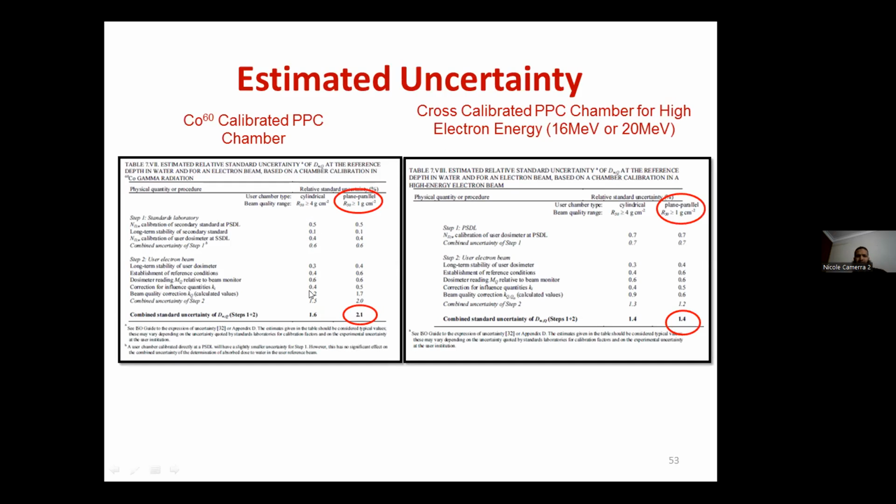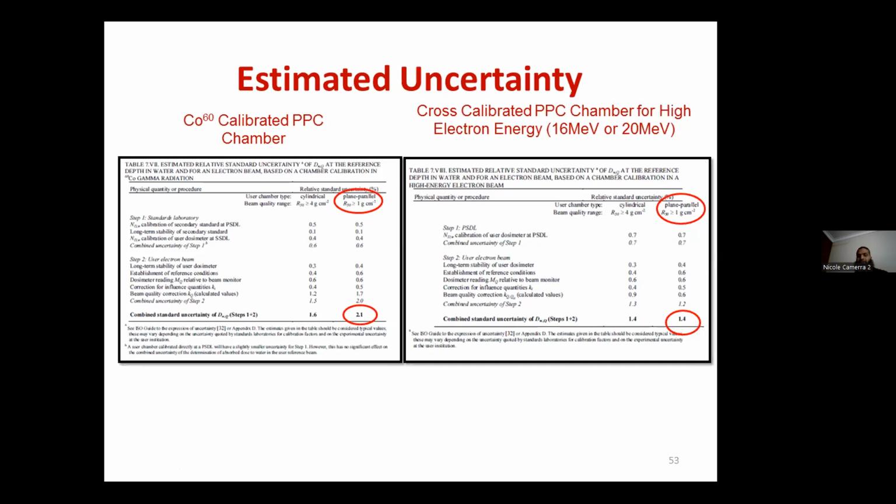You can use a Farmer chamber directly for electron beam quality, but the condition is that your R50 should be greater than or equal to 4 gram per centimeter squared. If it is less than that, you can't use your cylindrical chamber.